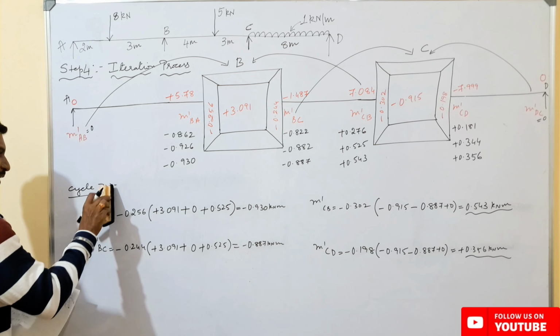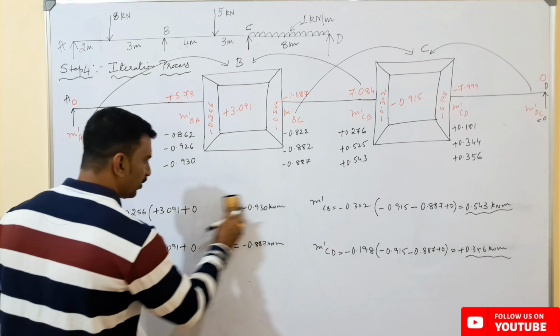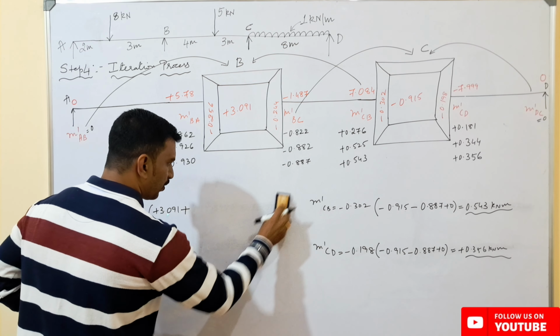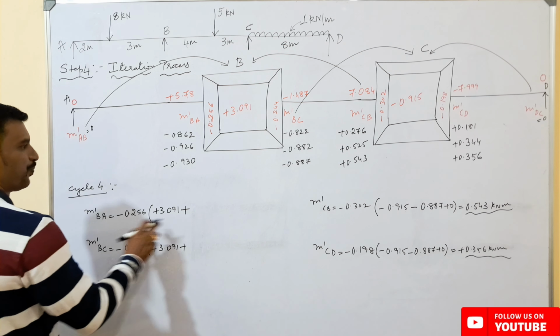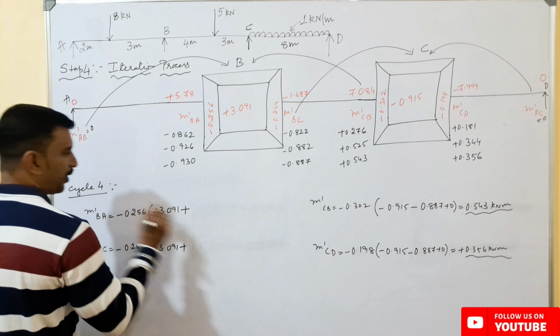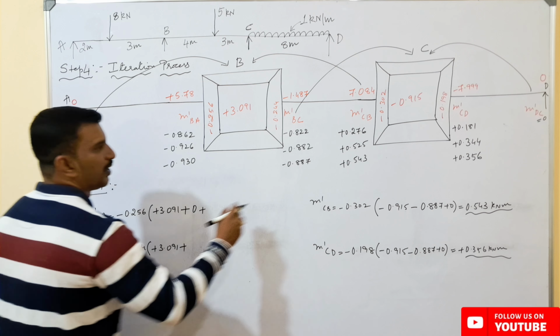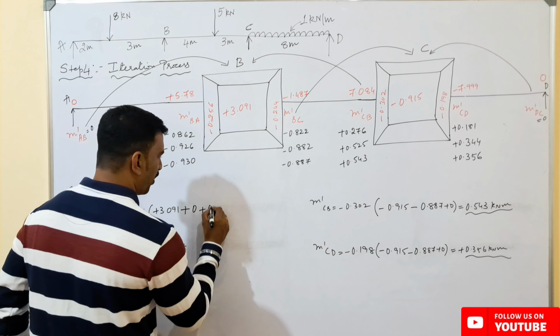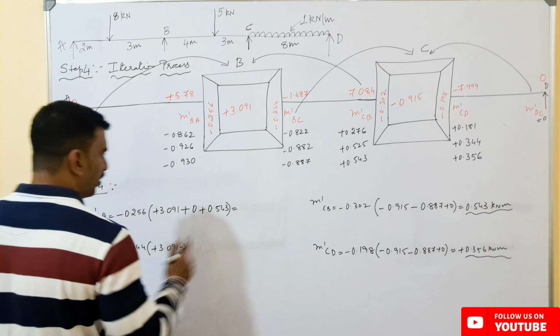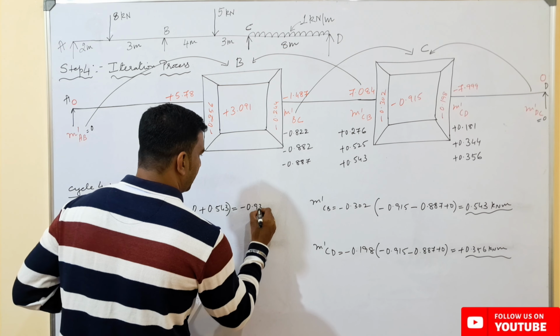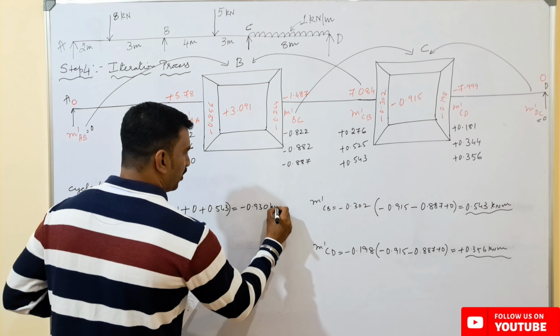If we consider the next cycle, cycle 4, for m dash BA, the far end rotation contribution will be 0 plus this value, which is 0.543, which will be equal to minus 0.930 kilonewton meters.